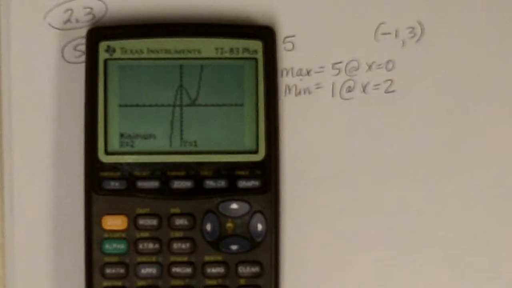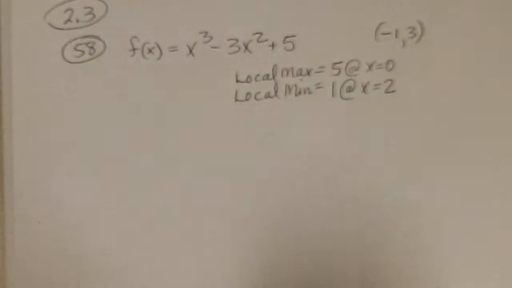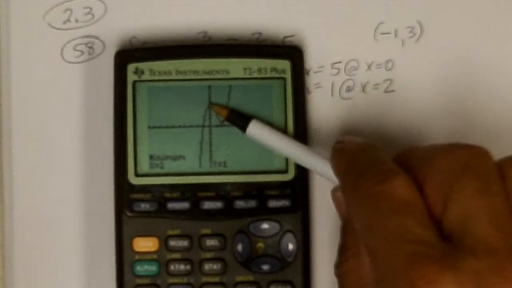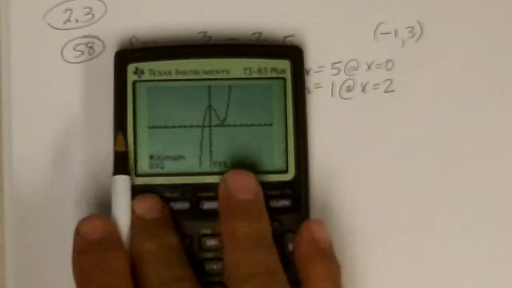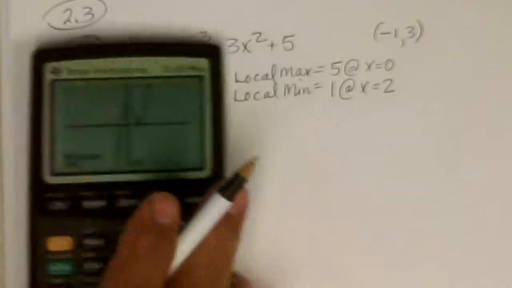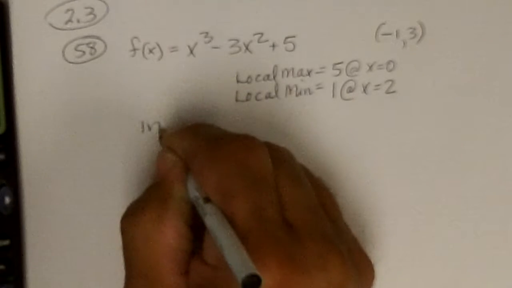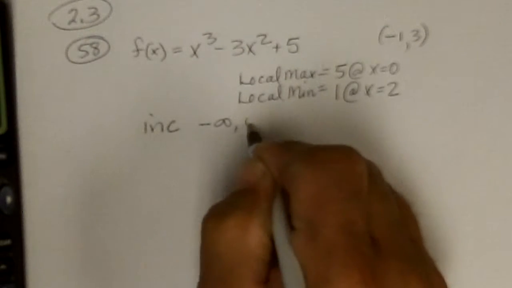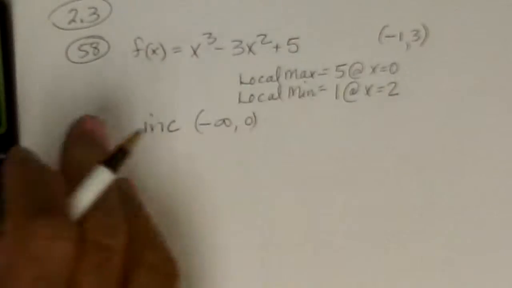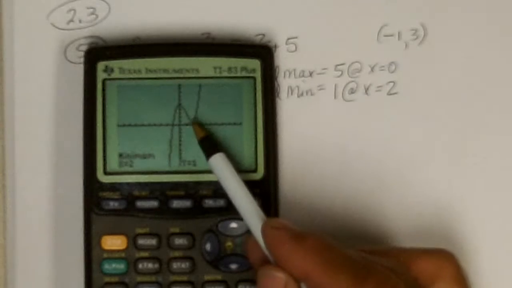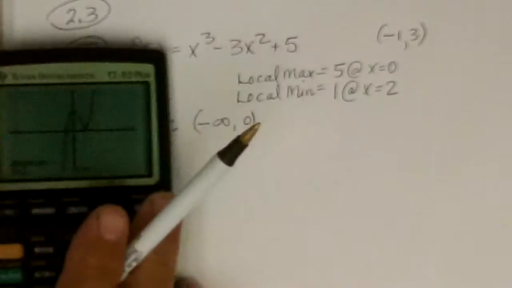And let's see, where is the function increasing? Well, it looks like it's increasing all the way up to 0 for all the x's. Negative infinity up to 0, it's increasing. Then it decreases, and then it starts increasing starting at 2.